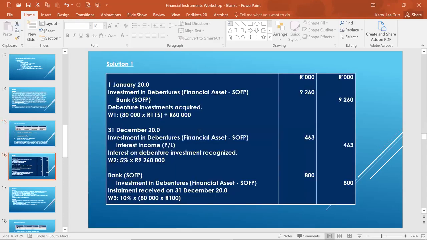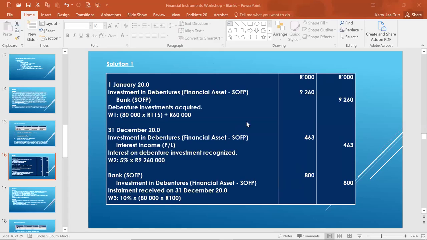So the interest, we debit our financial asset and we credit interest income, P&L, for the 460,000. So I've included my rounding up here. And then we are going to debit bank to show the receipt of the 800,000 and credit our investment in debentures.